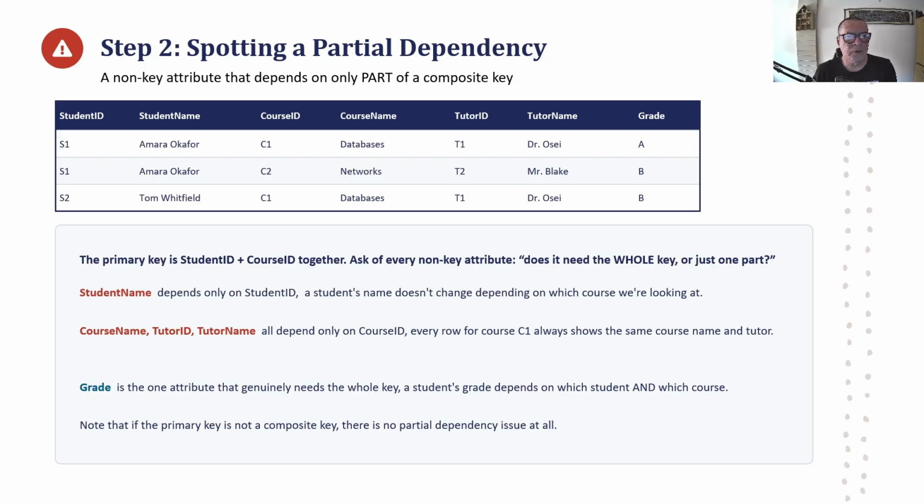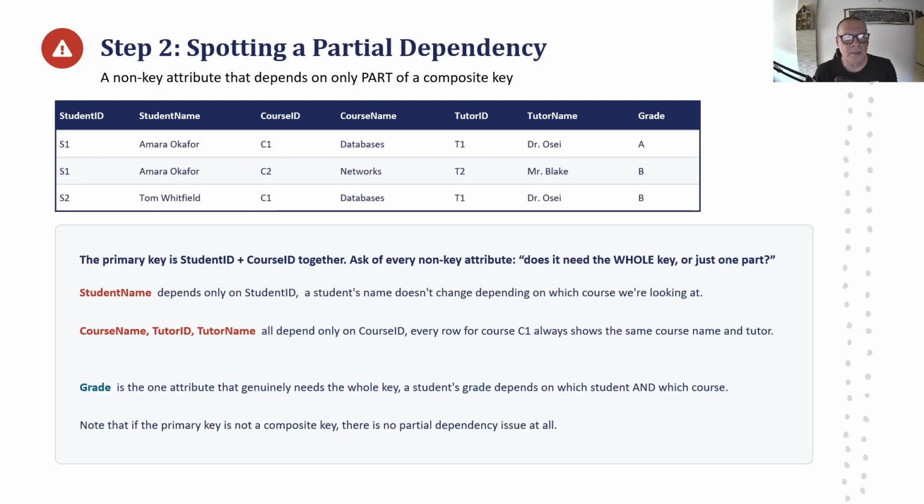So we have to look at each of the other attributes and say, does it depend on that whole key, the pair, student ID and course ID, or just one part of it? So we look at student name, and student name actually only depends on student ID, because student names don't change when they do different courses. So that's a partial key dependency.